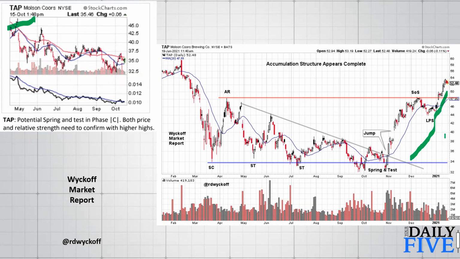It's well absorbed. And notice here the characteristic of a jump as it's jumping out of the spring and the test. Well, this was profiled. Here was the spring right here, and then the subsequent test, and onward Molson Coors went. So a great case study.